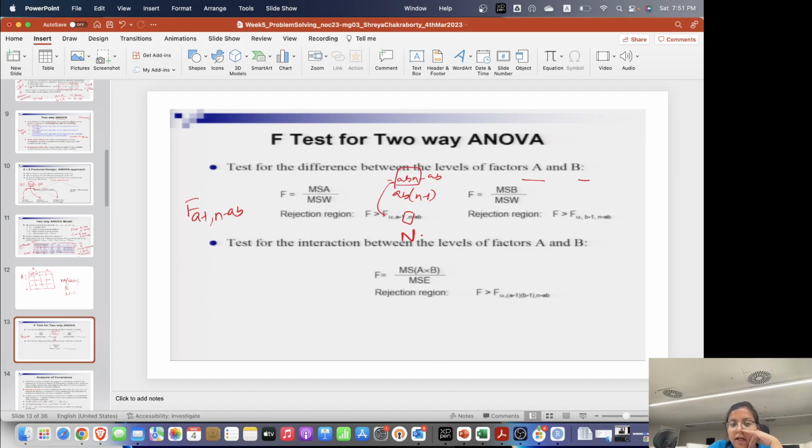Just bear this in mind. For MSB also, this N refers to the total number of observations. And to test for interaction levels, we are going to find out F with A minus 1 times B minus 1 and N minus AB.